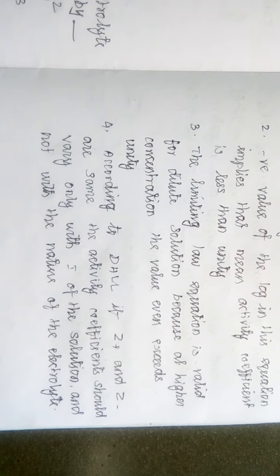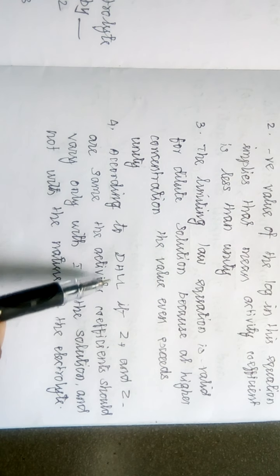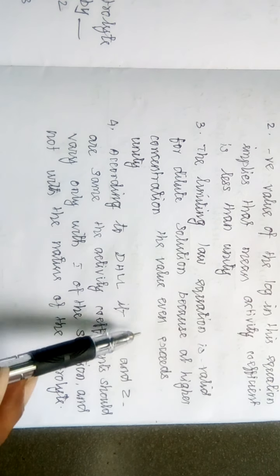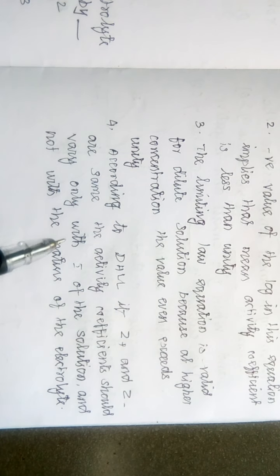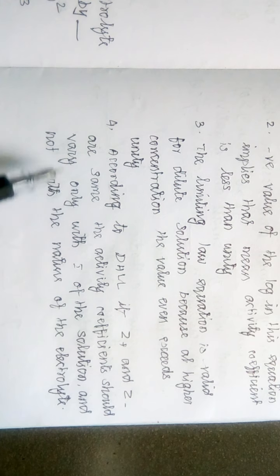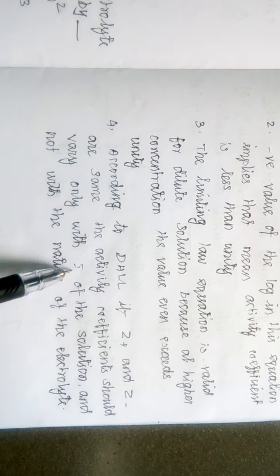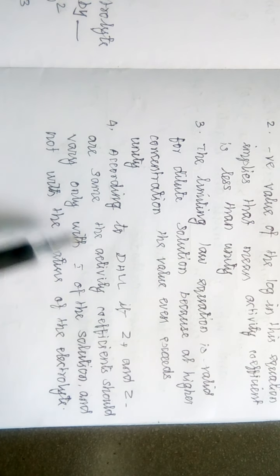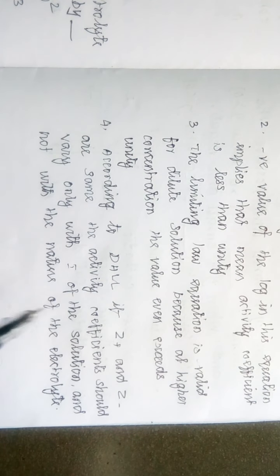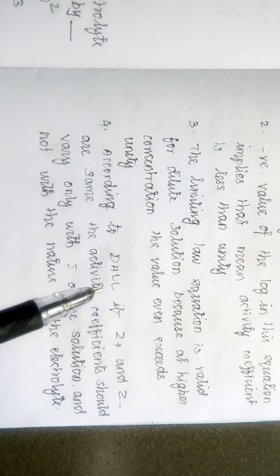And the fourth one is, according to DHLL, if Z plus, the charge of the cation, and Z minus, the charge of the anion, are the same, the activity coefficient should vary only with I. So if both are the same, it will vary only with the ionic strength of the solution and not with the nature of the electrolytes.